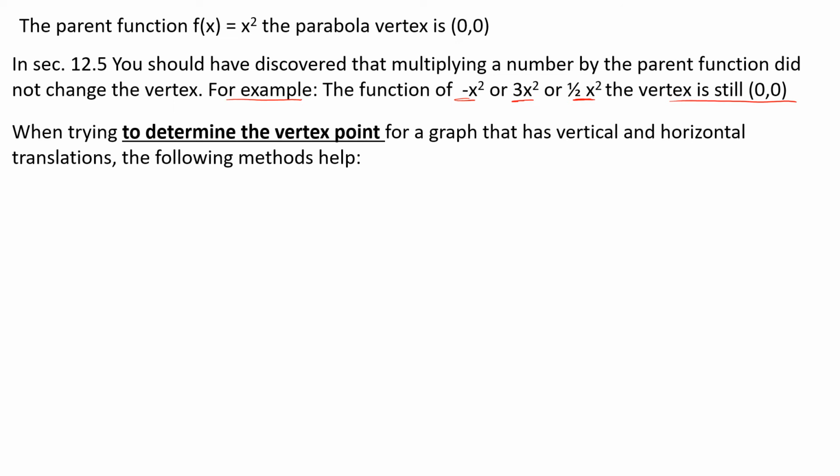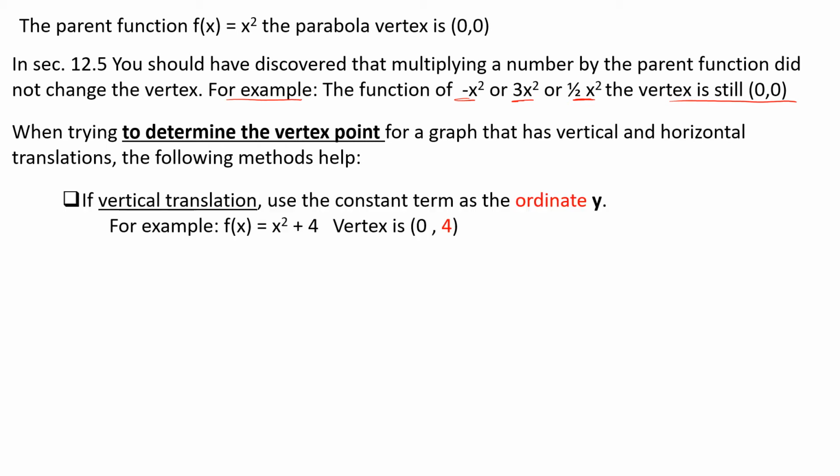Well, when trying to determine the vertex point for a graph that has either a vertical or a horizontal translation, the following methods help you in determining the vertex. So if it's a vertical translation, you're going to use the constant term as the ordinate y. For example, vertical translation is when you're just adding or subtracting a constant.